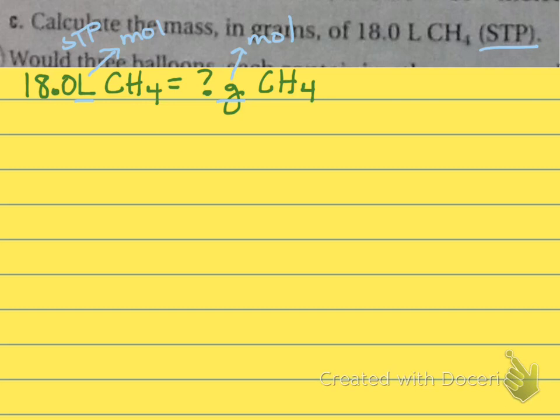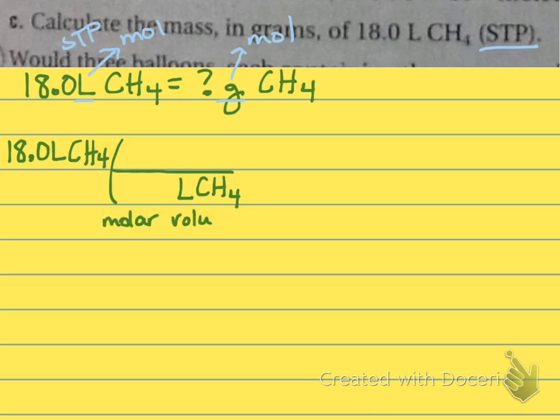I still start with my given, which is the 18 liters of methane. Liters of methane have to go on the bottom. And the tool I have is molar volume. And the other unit in molar volume is moles of the same substance.